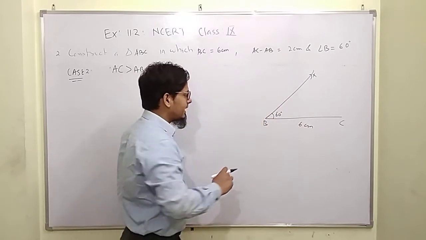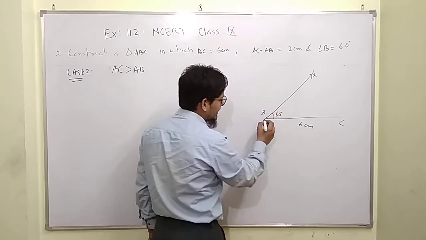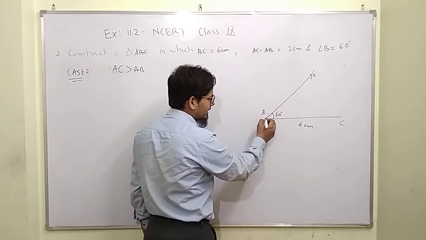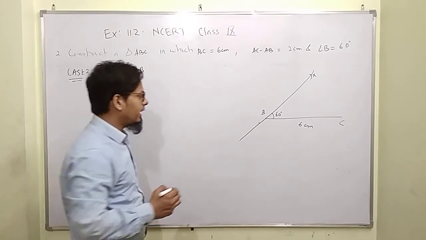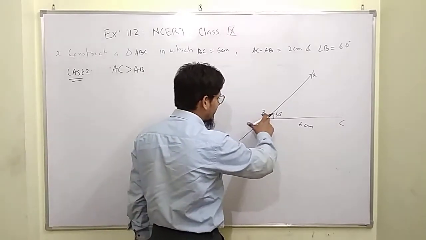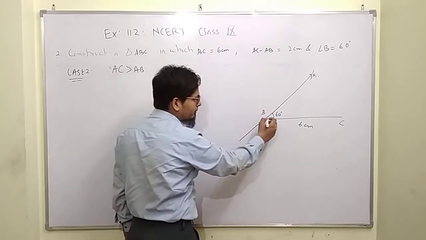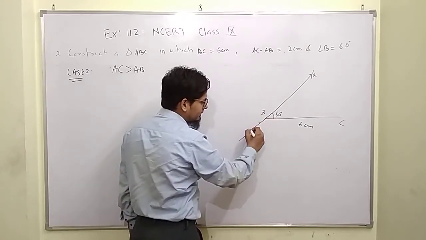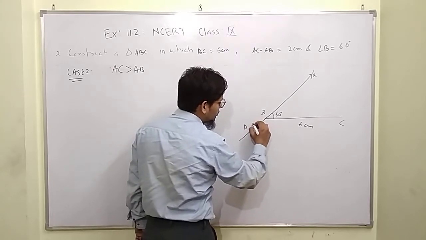Means I extend the ray BX in the opposite direction, and cut an arc of 2 centimeter. From point B, let this point be D, which is 2 centimeter.